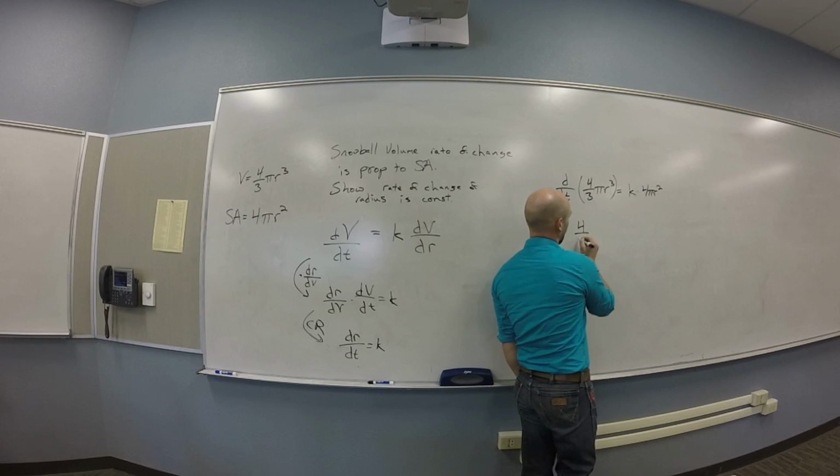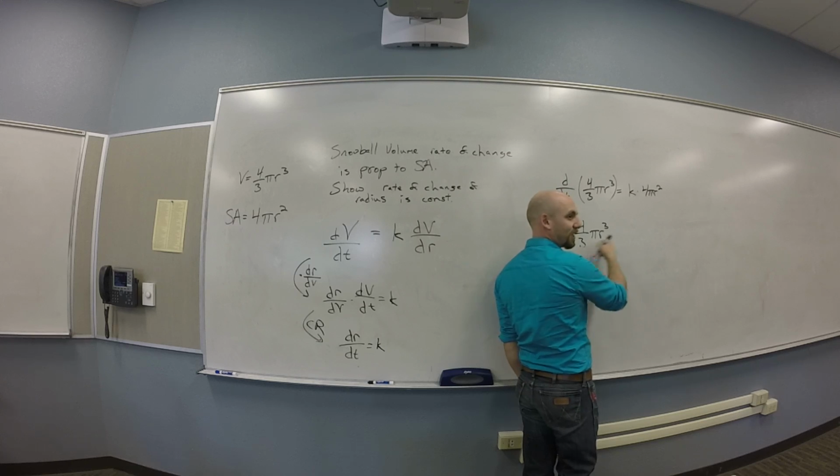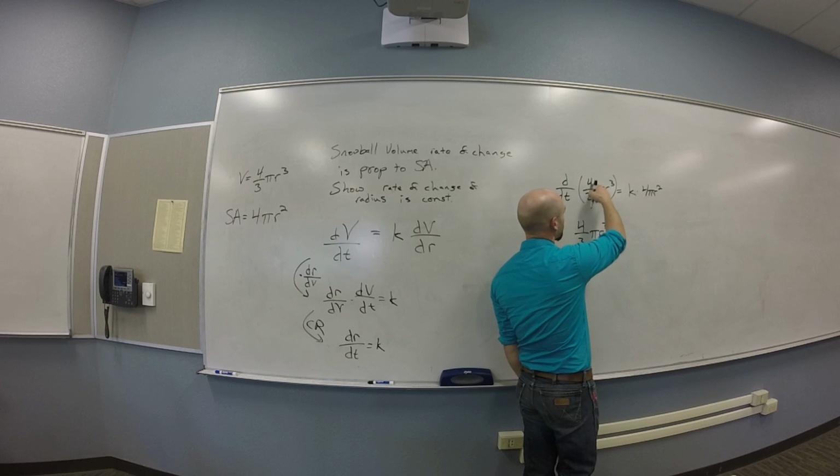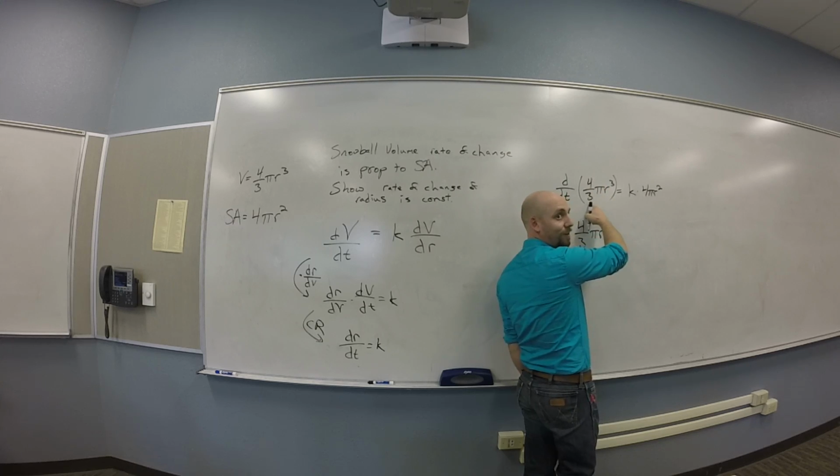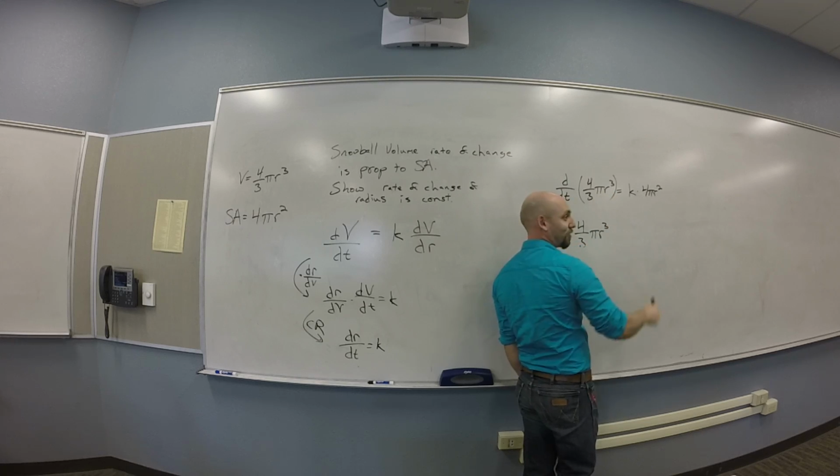You get 4/3 pi, oops, not 4/3 pi r cubed. Why isn't this thing constant? Oh yeah, there's no time. Well, what's changing with respect to time? Is 4 changing with respect to time? No. Is 3? No. Is pi? No. Probably not.